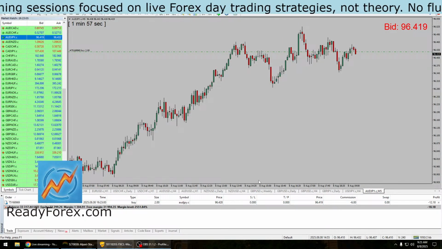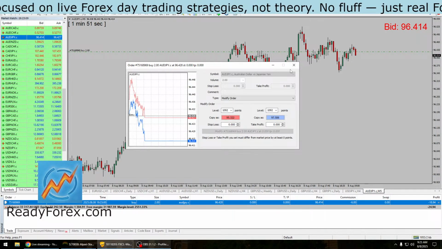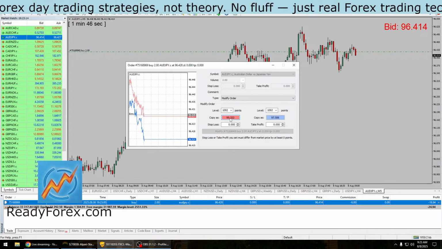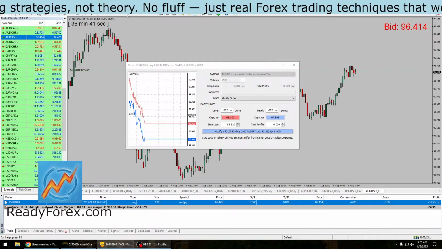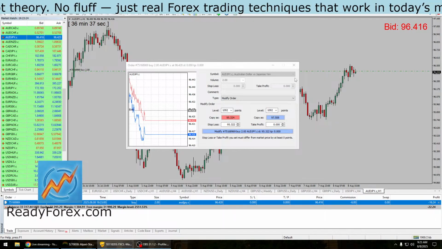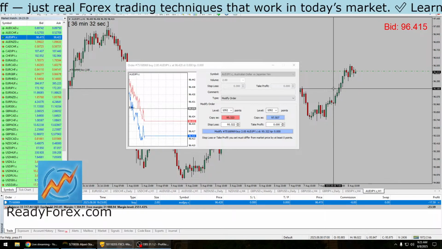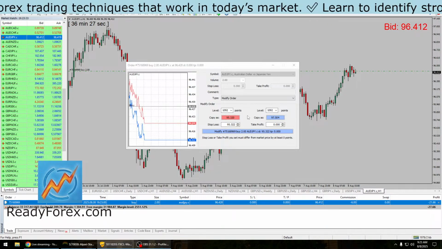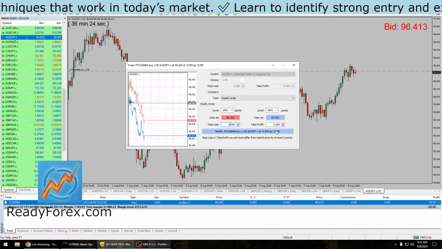Currently open, I'm inside the market, and I'm also going to place a stop loss as well at 90. What's the low? Okay, 96.18.